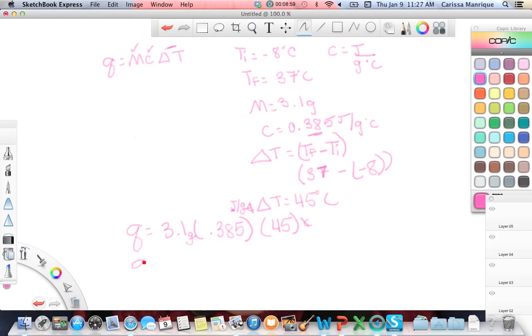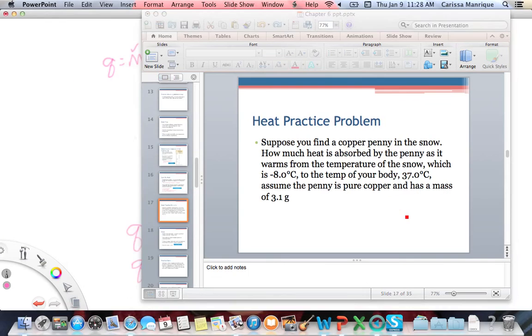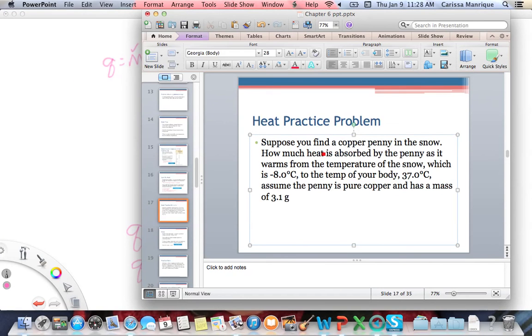So our final answer, Q, will be in joules, which is energy. Remember, Q is heat energy. So we have 3.1 multiplied by 0.385 multiplied by 45, and I get, let's say, 53.6 joules. That is how much energy in the form of heat. It says how much heat is absorbed.